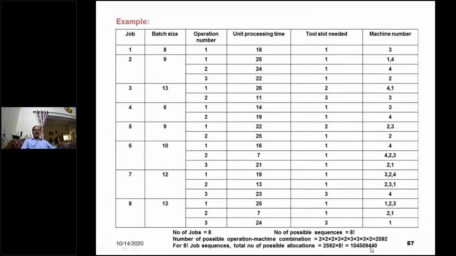So this is for an 8 job problem. These are the combinations that are required. So it is really a tough problem. So we have to find the best possible loading sequence on the machines depending on the tool slot constraint and the time constraints in the planning period.